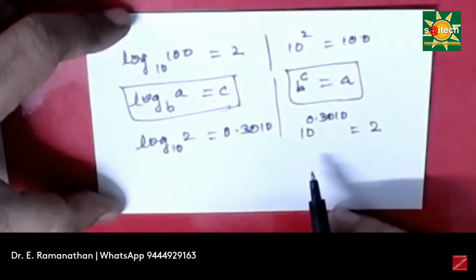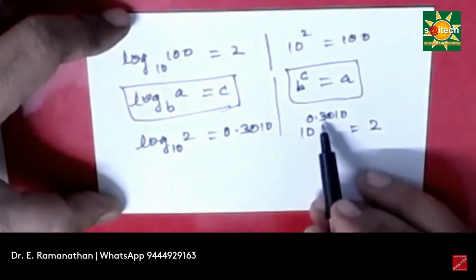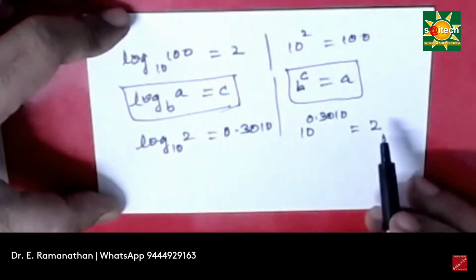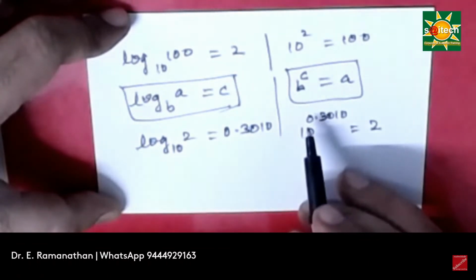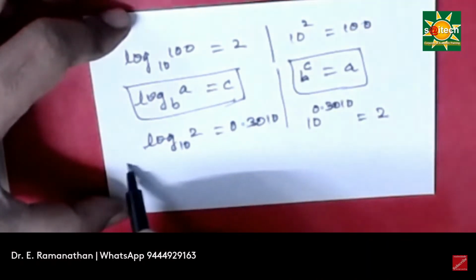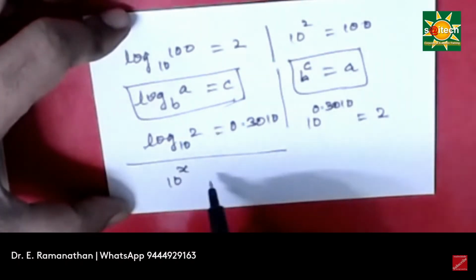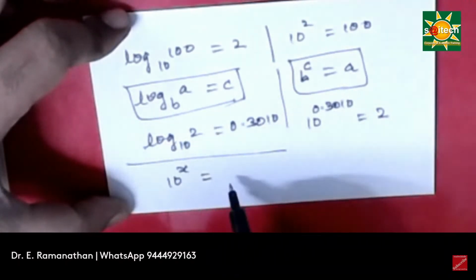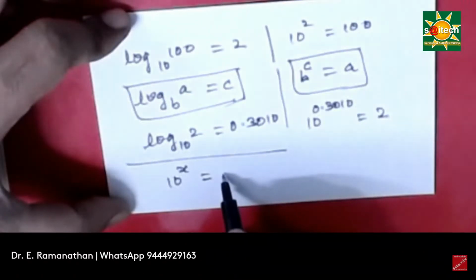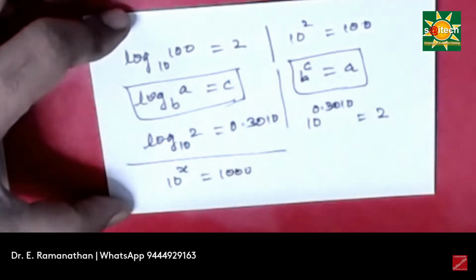From this, we can calculate 10 power x, and there is some number. You can calculate that number. Suppose 10 power x is equal to 1000. We have to find out x.